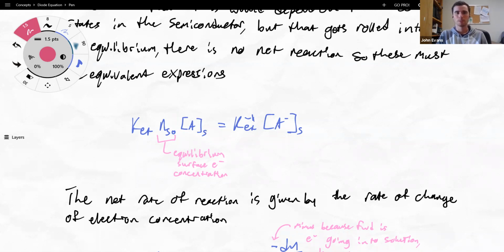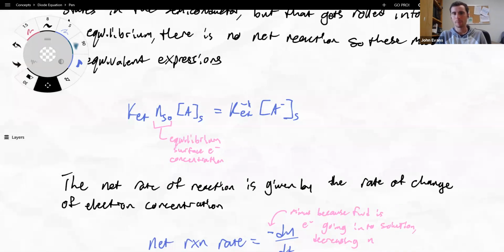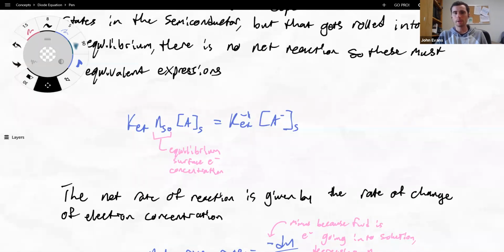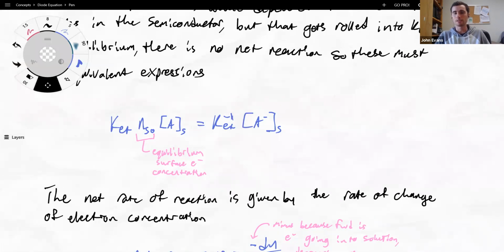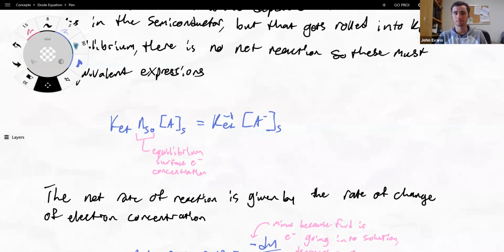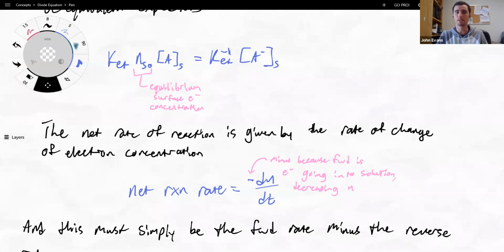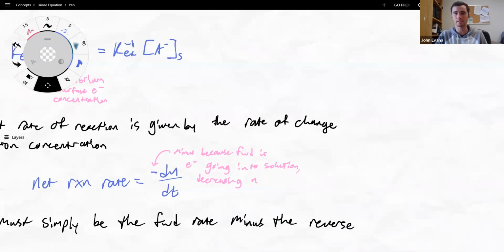Okay, so we're going to set these two equal to each other. And we are going to say, okay, well, the net rate of reaction is going to be given by the rate of change of electron concentration at the surface. So net reaction rate is the derivative of the number of electrons at the surface with respect to time, which makes sense, right?